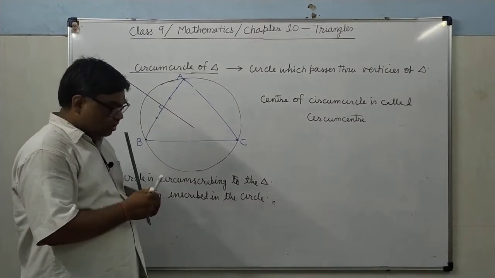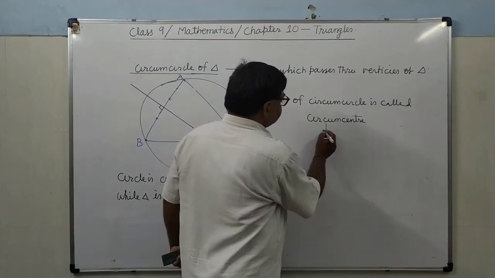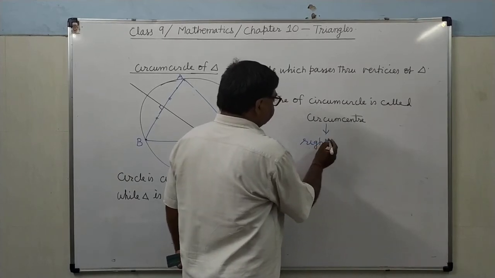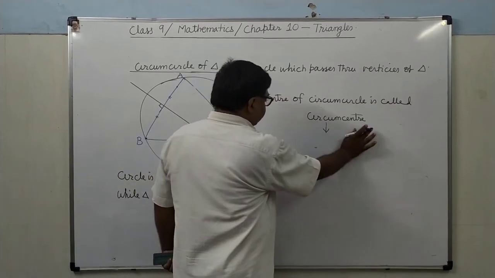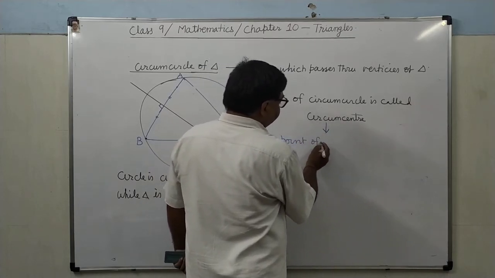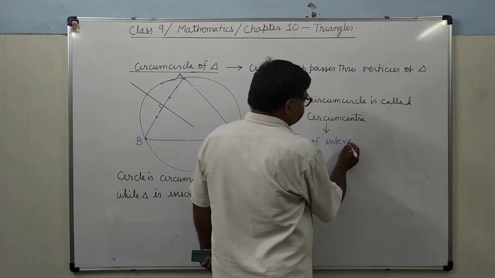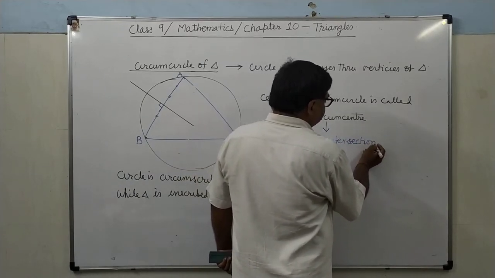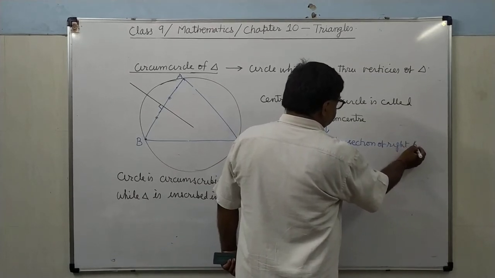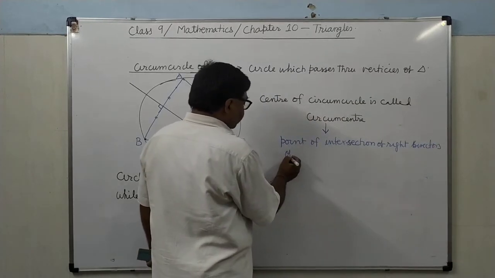Is it clear? The circumcenter is the point of intersection of right bisectors of the triangle.